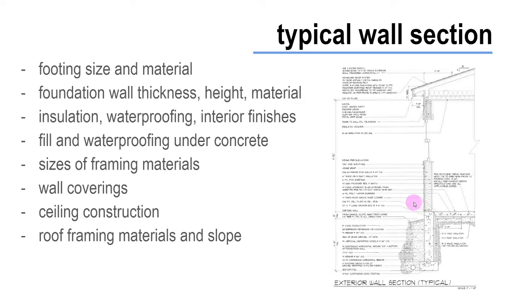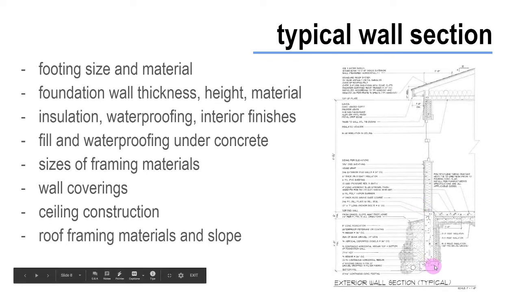It's just saying that, hey, if there's a window in this building, this is how it's getting connected into the wall. This is what the headers are typically looking like. This is how our floor is getting anchored into our foundation. This is how our footing is connected to our foundation wall.